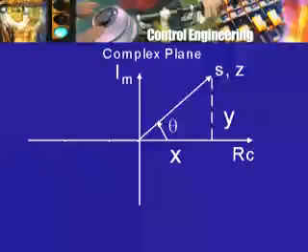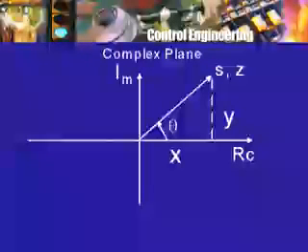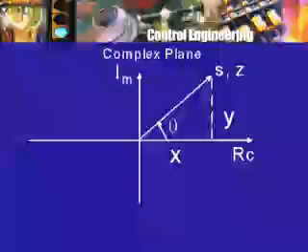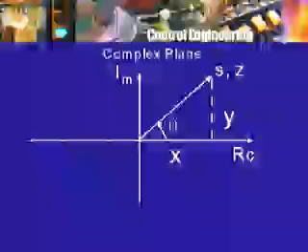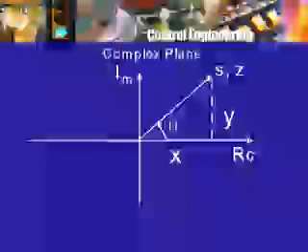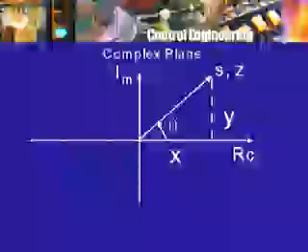The argument is obtained by drawing the radius vector from the origin to the point and then measuring the counterclockwise angle starting with the real axis, the positive real axis. So, this is the angle through which I will have to turn the radius vector to become equal to the radius vector pointing towards the complex number S. Then this angle is called the argument of the complex number.